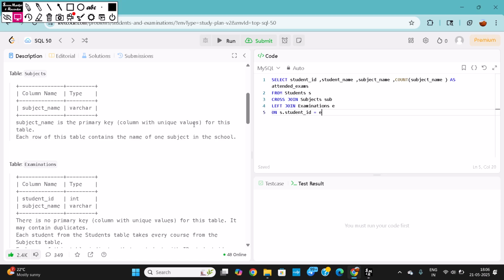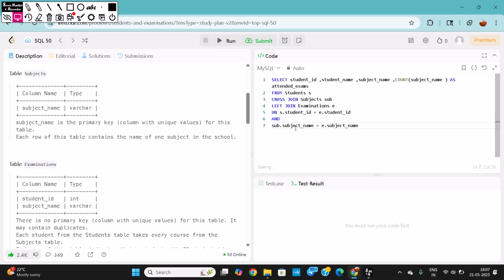So that means e dot student ID, and I'm going to write the AND function as well as the subject name from the subject table to the examination table subject name. So sub dot subject name. Let's write sub dot subject name should be equal to e dot subject name.